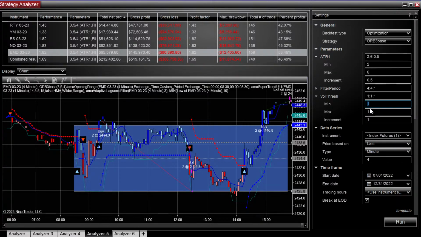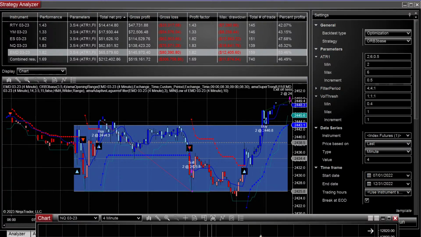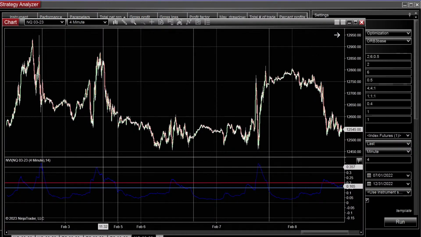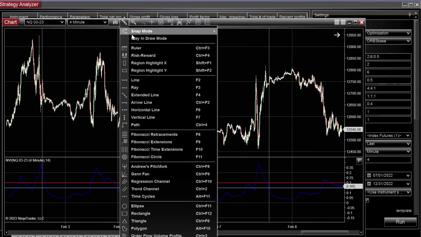Well, first we'll do the extremes. Probably 0.4 is going to be it, because I'm looking at the chart, 0.4. Add an additional line.